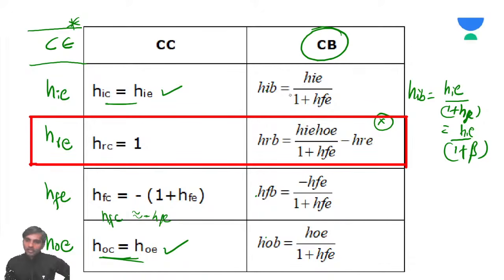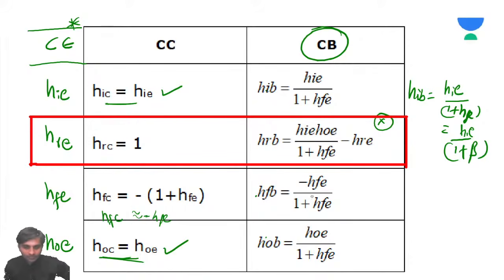For common base, all three are the same except they need to be divided by 1 plus HFE. All three parameters need to be divided by 1 plus HFE. This you have to remember, very important.